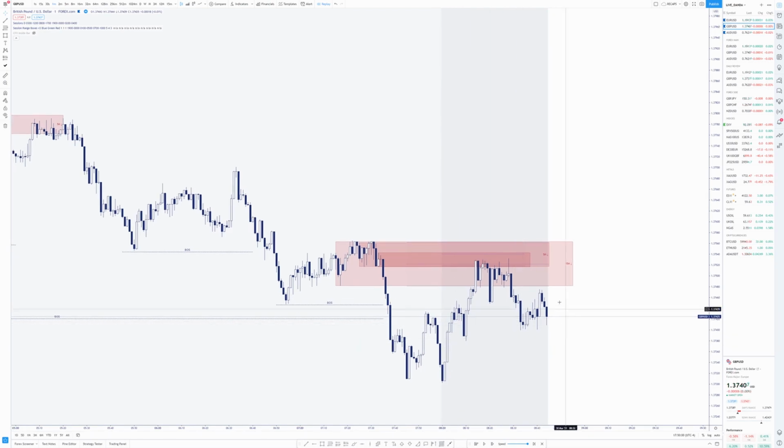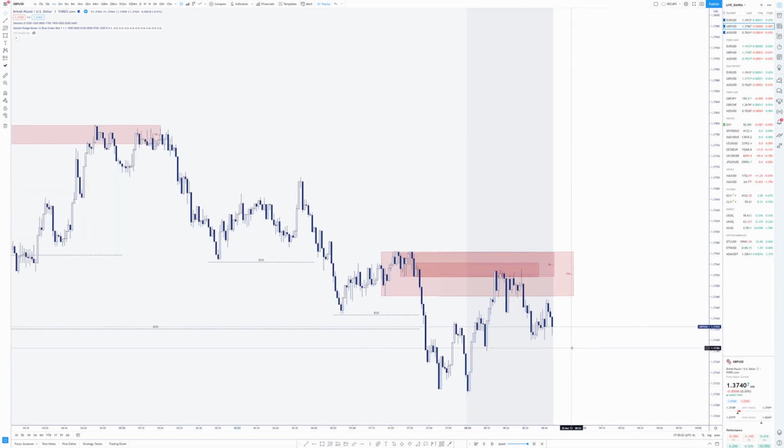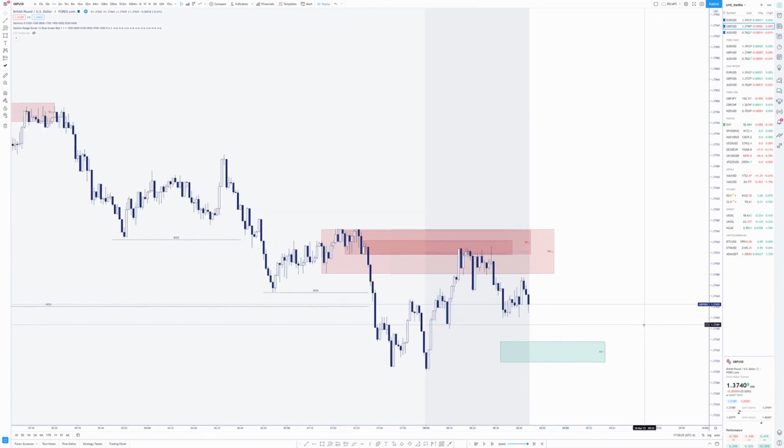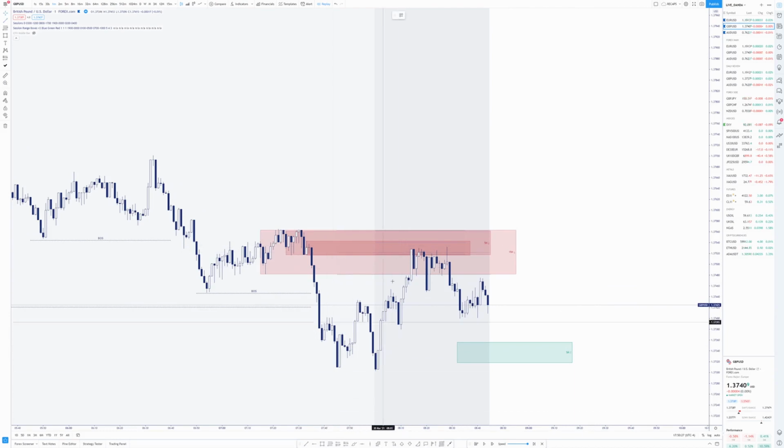But even if you were to add this as a filter for your trades, looking at the 5-minute and just the equilibrium, and looking for only trades in the premium of a supply zone or in the discount of a demand zone, then you're going to keep yourself out of a lot of trades that either expire quickly or fail altogether, right? Because again, we've built liquidity here, and what am I looking for when I see liquidity? I'm looking for a sweep, right? I'm expecting that these equal highs are going to get swept.